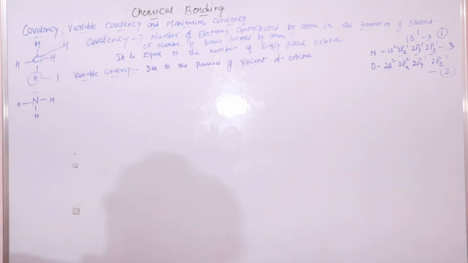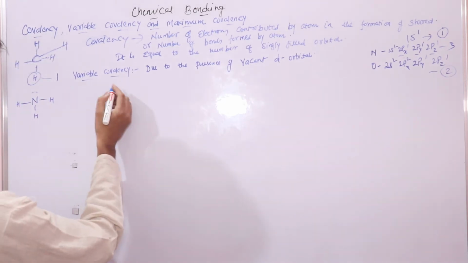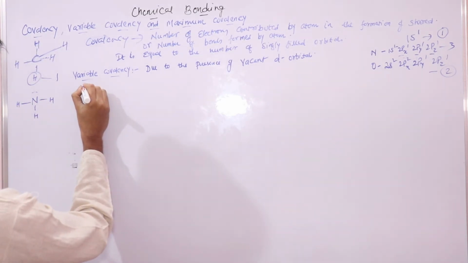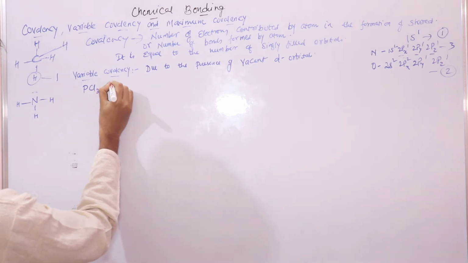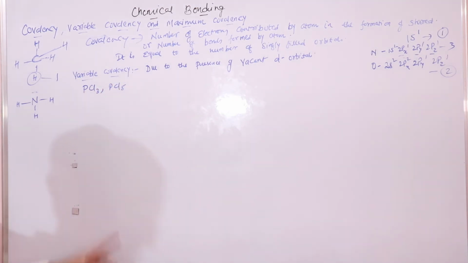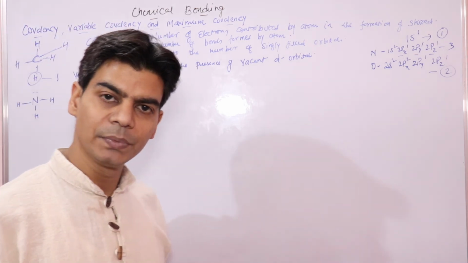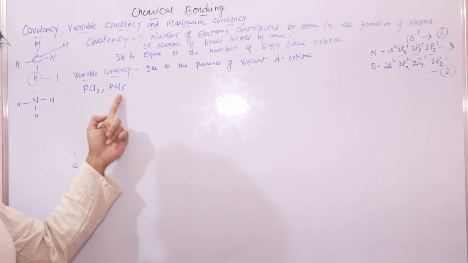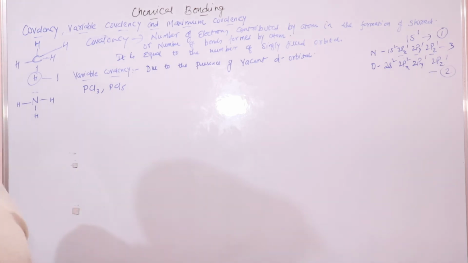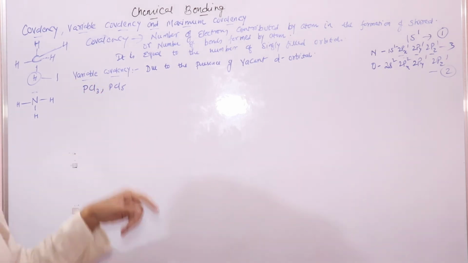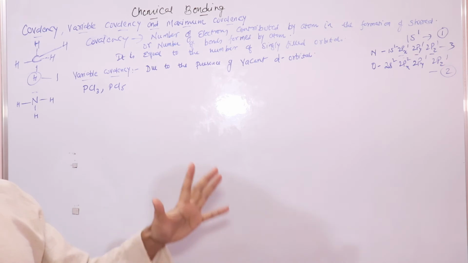Now let's take an example of some phosphorus compounds, PCl3 and PCl5. Since phosphorus can show variable covalency, it can form different numbers of bonds with chlorine. Here it's forming 3 bonds with chlorine, here it's forming 5 bonds with chlorine.